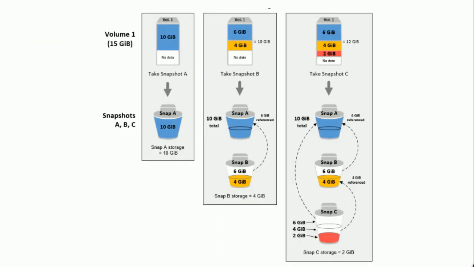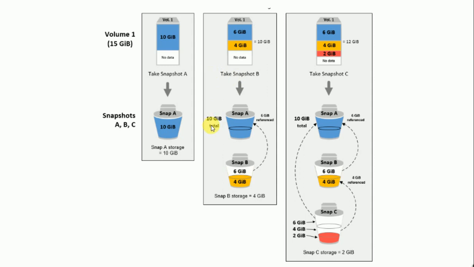So this is the diagram. Basically, for volume 1, if you take a snapshot the first time, it has 10 GB of data. Then volume 1 has 6 GB unchanged and 4 GB amended.